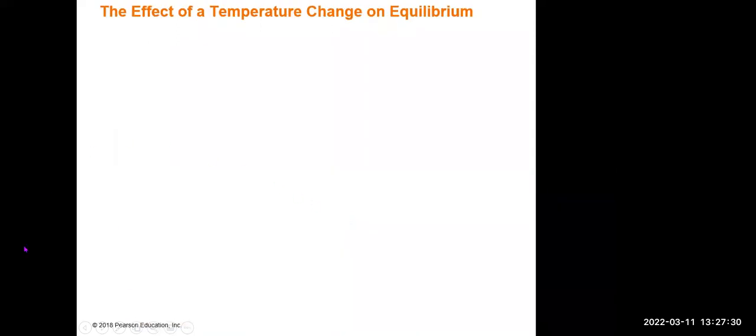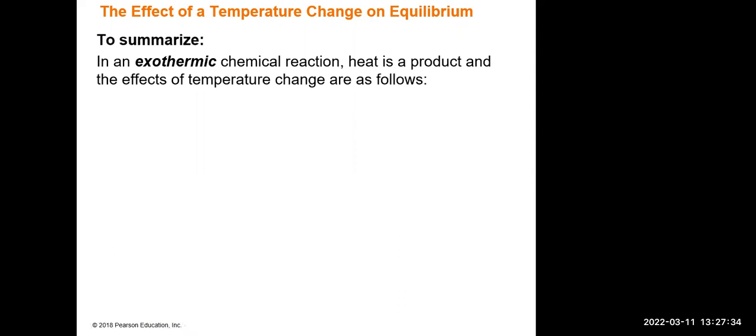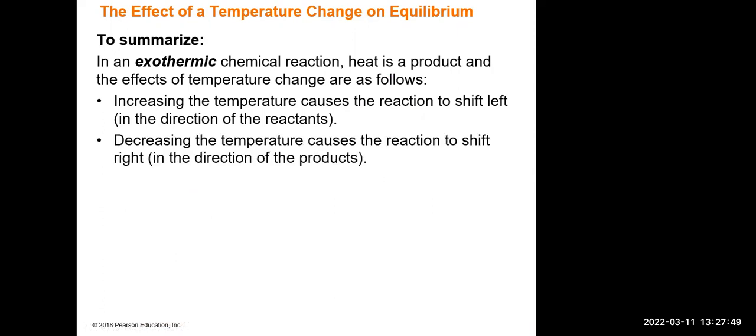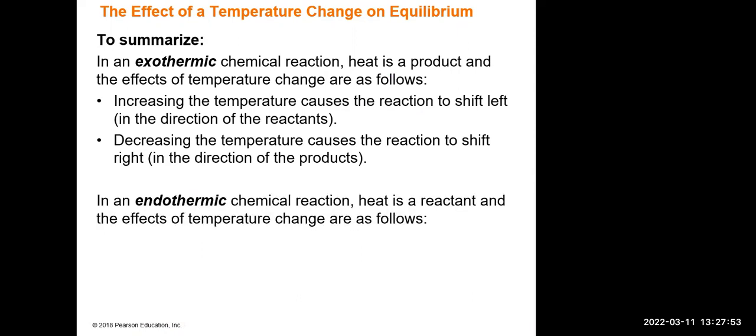Visually, we saw that. To summarize, in an exothermic chemical reaction, heat is a product, and the effect of temperature change is as follows. Increased temperature causes the reaction to shift left in the direction of the reactant. Decreased temperature causes the reaction to shift right in the direction of the product.